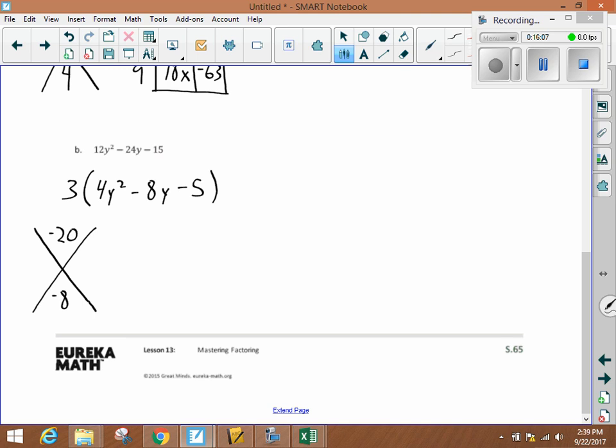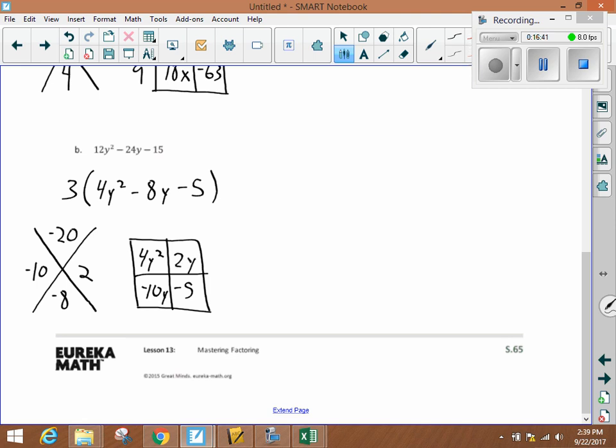Two numbers whose product is negative 20 and whose sum is negative 8 would probably be negative 10 and 2. So let's go ahead and get out our box. 4y squared, negative 5, negative 10y, and 2y.